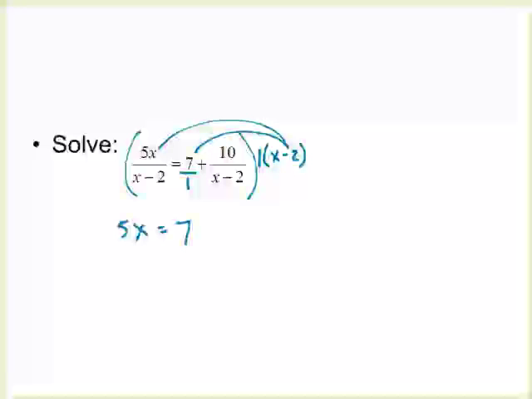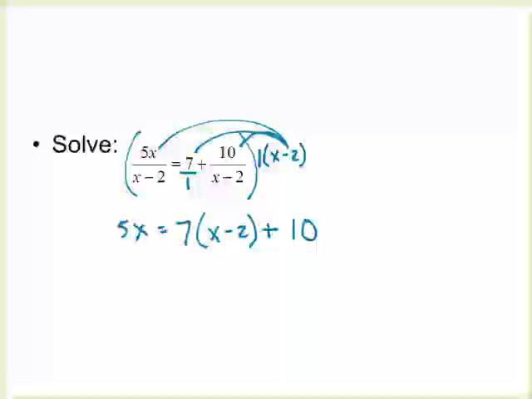So we're going to have 7 times x minus 2. Can we just write 7x minus 14? Yes, if you want to just go ahead and distribute from there, you can. You will need to distribute at some point. And then the last one, the x minus 2's will cancel, leaving the 10 times 1, or just 10.